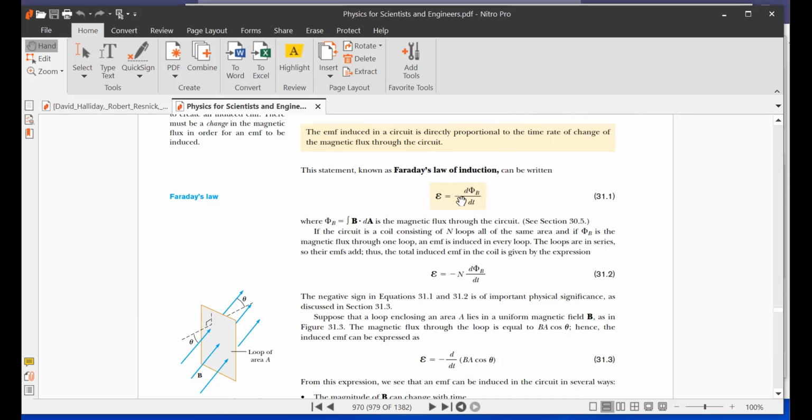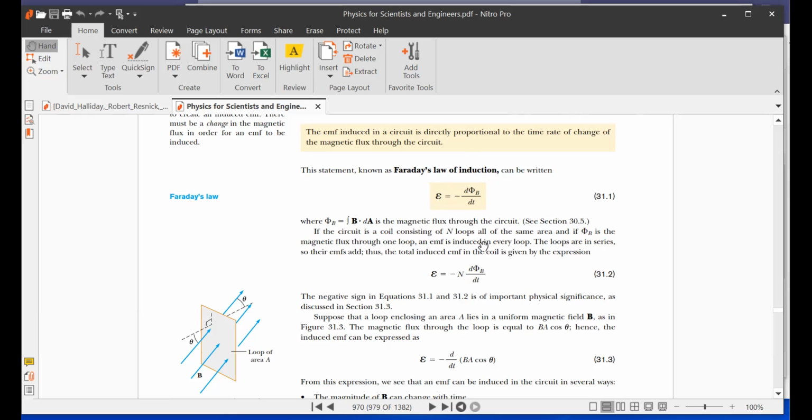This minus means that this electric induction is opposite to the original magnetic field, somehow against the magnetic field. I will explain it later.